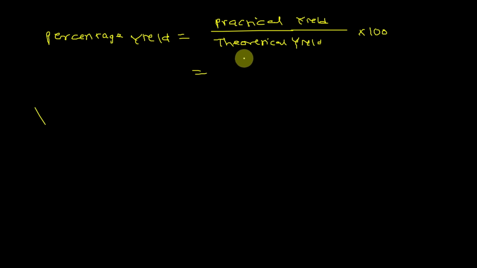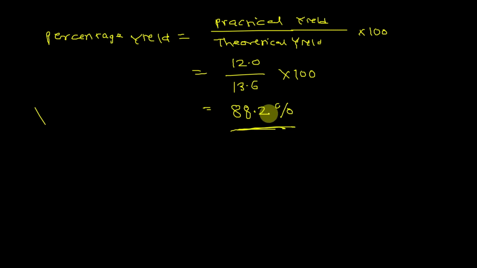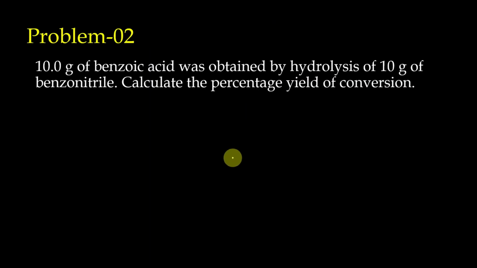The practical yield is 12.0 gram, and the theoretical yield, which we have calculated, is 13.6, into 100. So your answer will be 88.2%. Right?